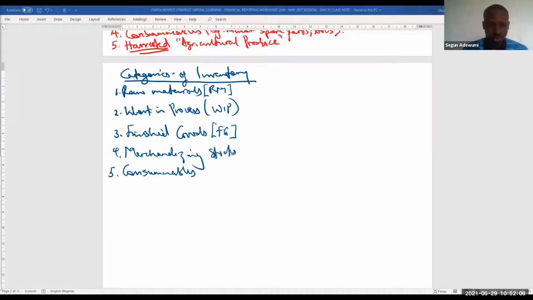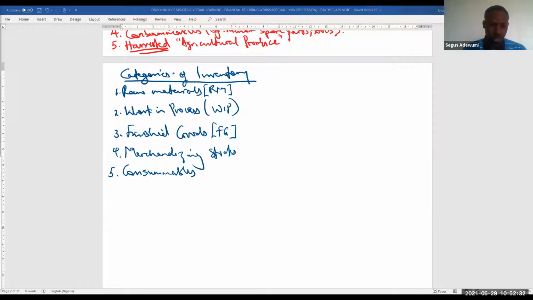Merchandising stock, I think, is the stock of items that you purchase for resale. The ones that you purchase, maybe finished goods that did not go through any processing by you, but you purchase them for the purpose of reselling them to your customers.